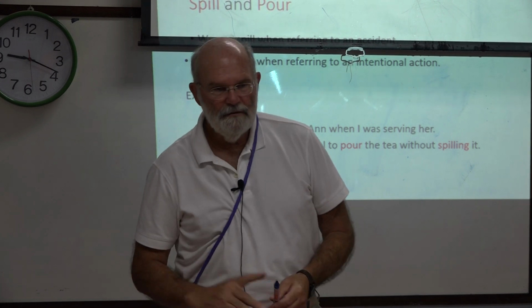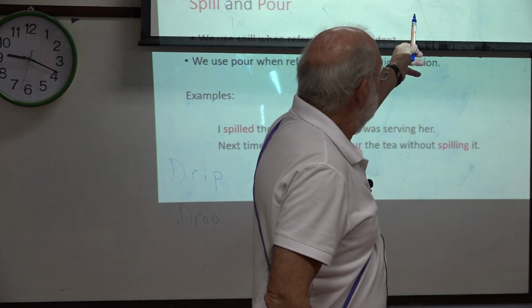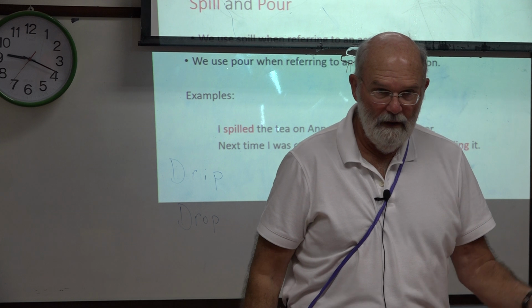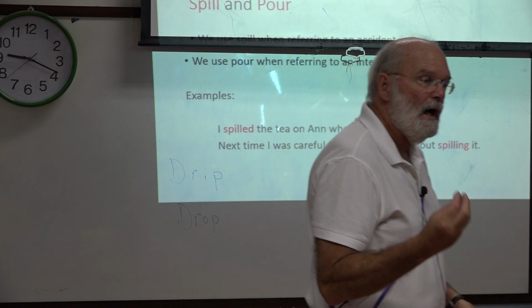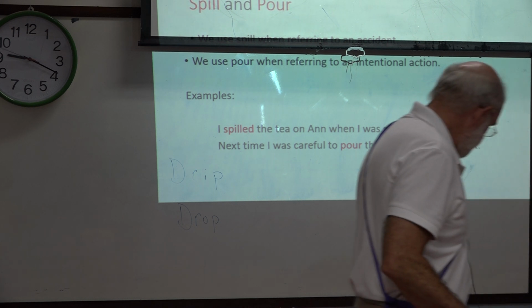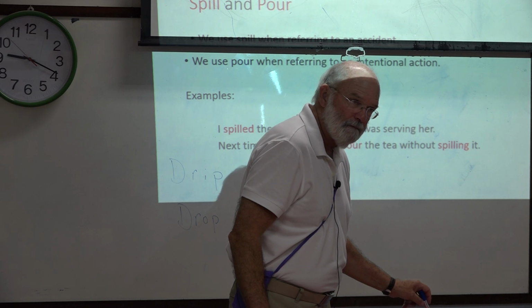Drip is something that is happening. So the water is dripping. Now, drip is a verb. Drop is a noun. If the water drips on the floor, there are drops of water on the floor.